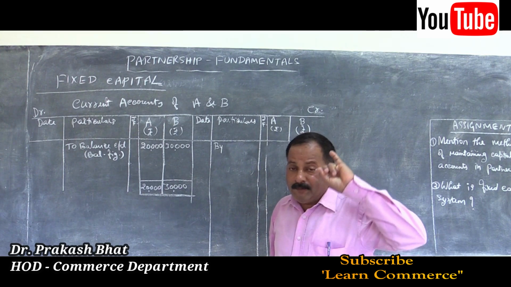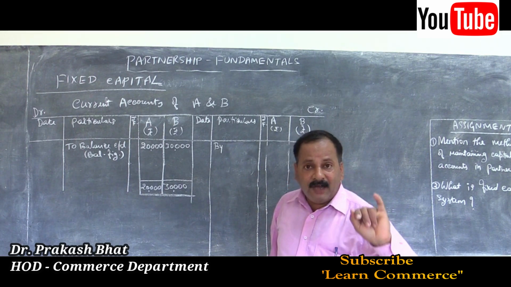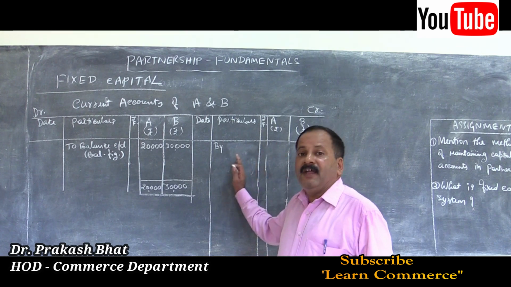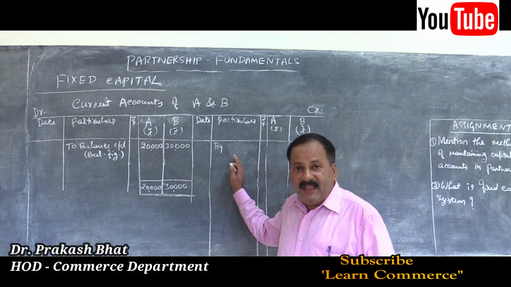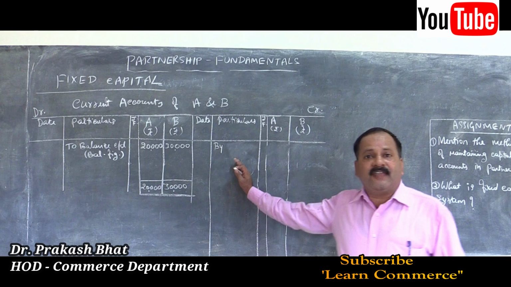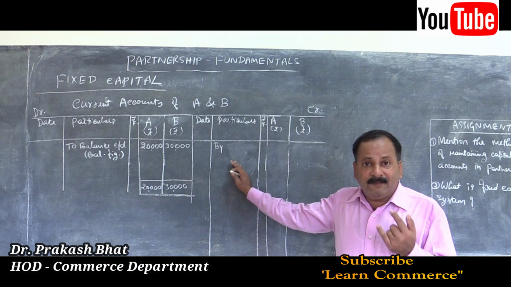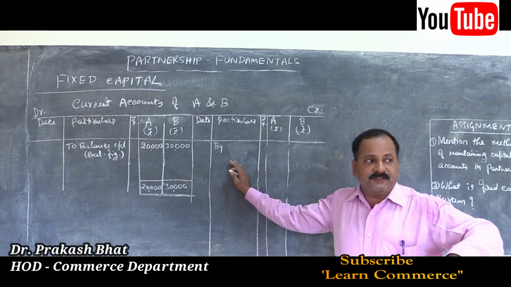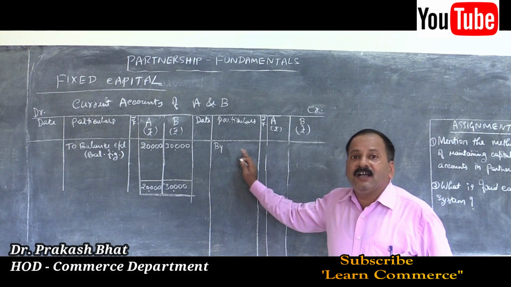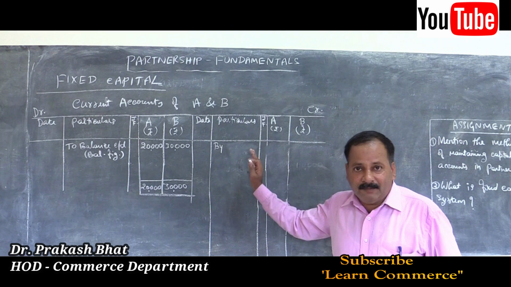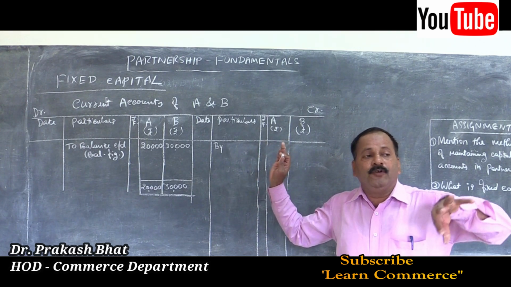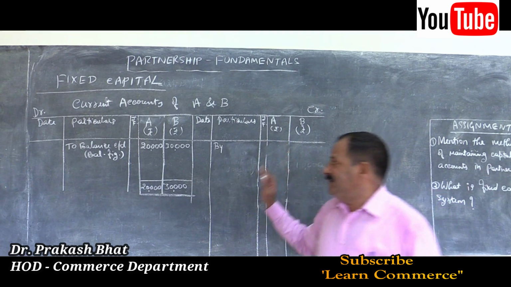Any amount payable by the firm to the partners should be recorded on the credit side. When you make an entry on the credit side of the partners' account, that means that is the amount payable by the firm to the partners.